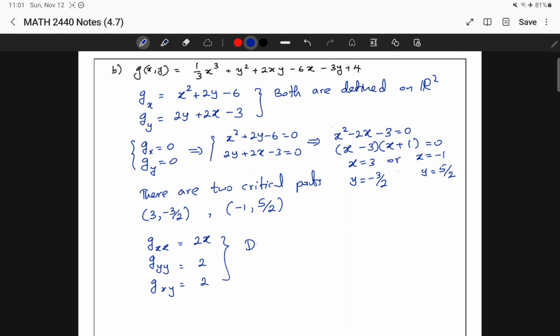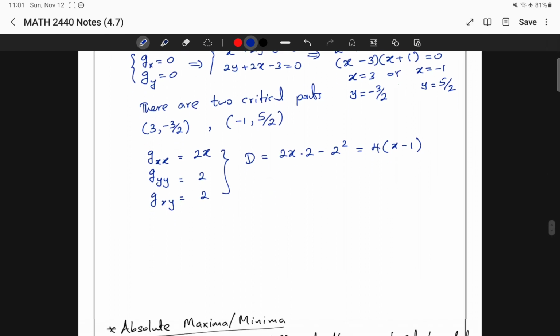So therefore the discriminant is 2x times 2 minus 2 squared. So it's 4x minus 4. Now we have 2 points to consider. Let me write them down. So gxx is 2x and D is 4x minus 4.